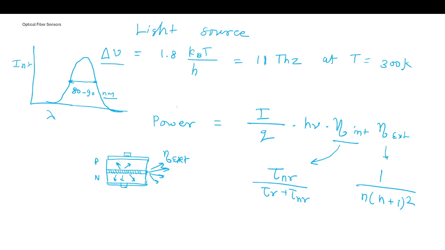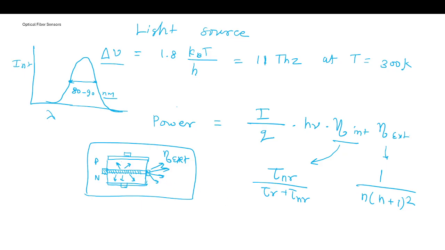For that, we take this dual heterojunction structure to get higher intensity laser power or LED light. So to get lasing, we will use a highly reflective coating material here, and here a partially reflecting coating.